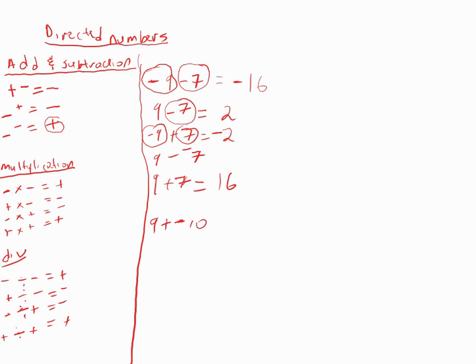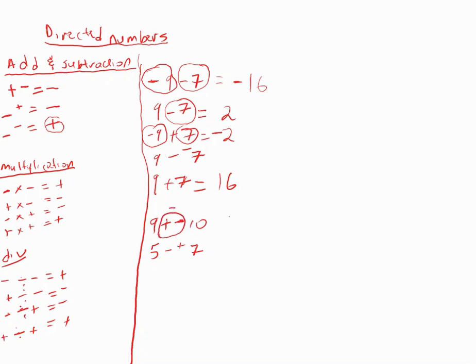Okay, and let's also say you have 5 minus positive 7. Okay, so remember here we say plus negative gives us minus, so this results in minus.